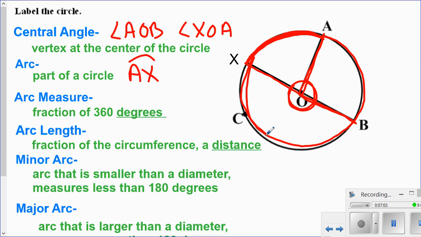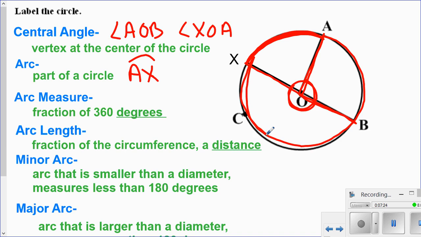Now arc length. Again, we'll talk about arc length in more detail later, but for now what you need to know is it's a fraction of the circumference. So if I go all the way around, now I'm not talking about the angle measure anymore, I'm talking about literally like if I was walking around this circle, or if I was pulling the crust off of this circle.